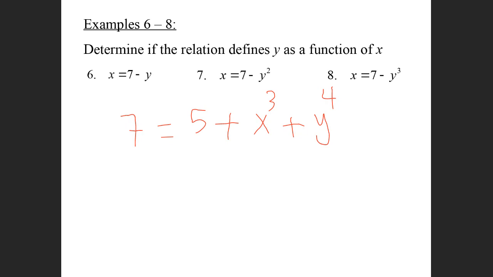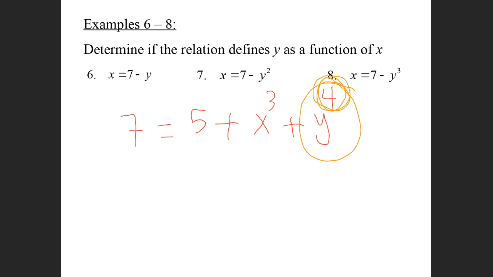Thank you, Hamdan. Thank you, Abdullah. Yes, this equation does not define a function. It's a relation, but it's not a function. Why? Because y is raised to the fourth power.